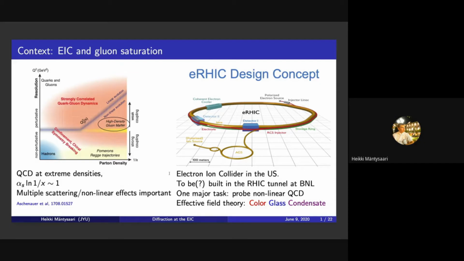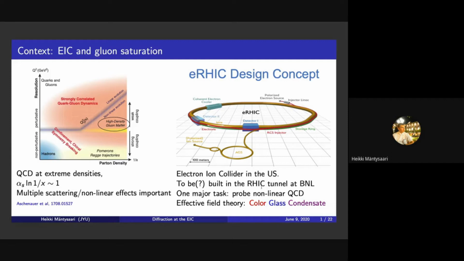And experimentally, we are even getting some nice new toys in the coming years. Even though we already have nice data, as I will show, from HERA and from the LHC, there is also a concrete plan in the United States to construct an Electron Ion Collider in the same tunnel where RHIC is currently colliding nuclei and protons.